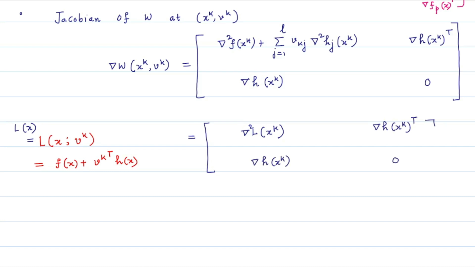And we will find that this is your Jacobian matrix of the function w at the point (xk, vk), where this L is the function given by L(x) = L(x, v) with v equal to vk.